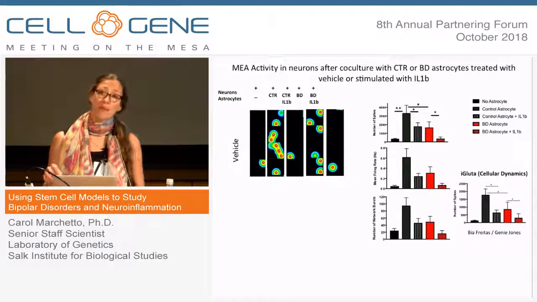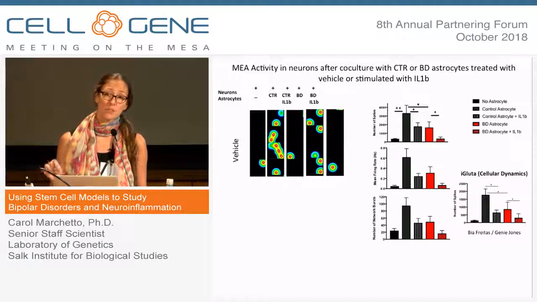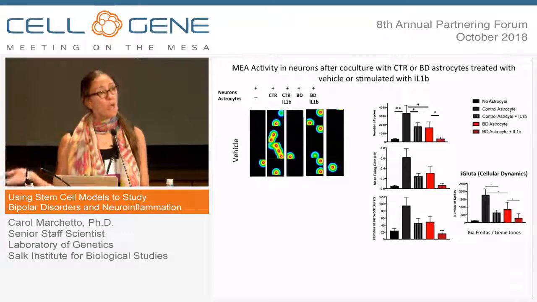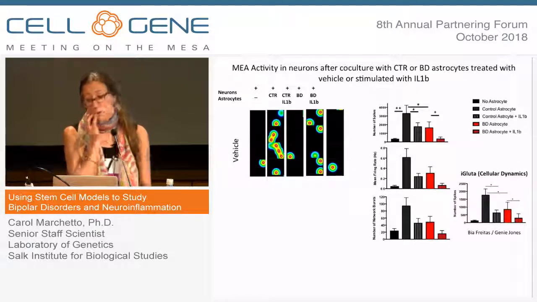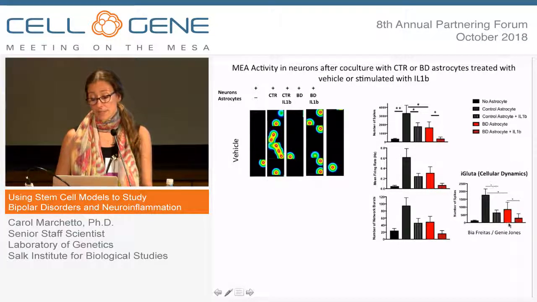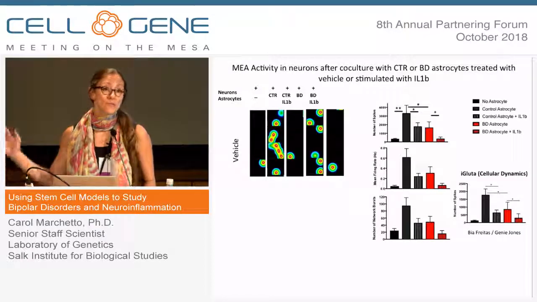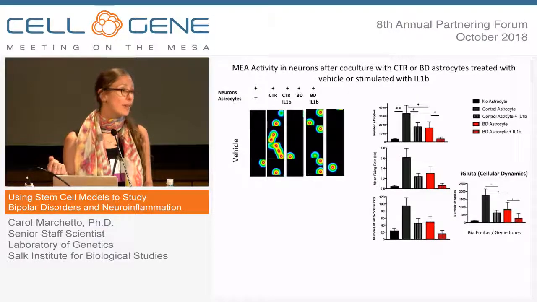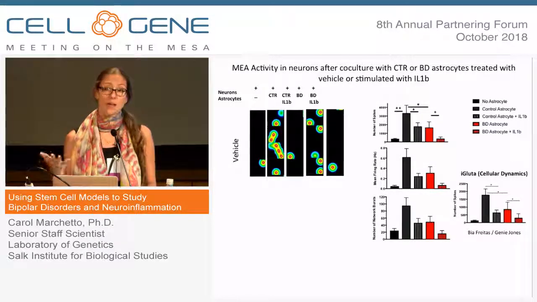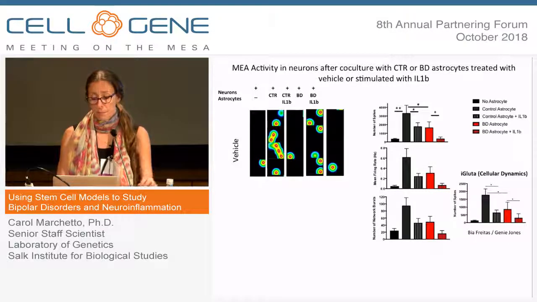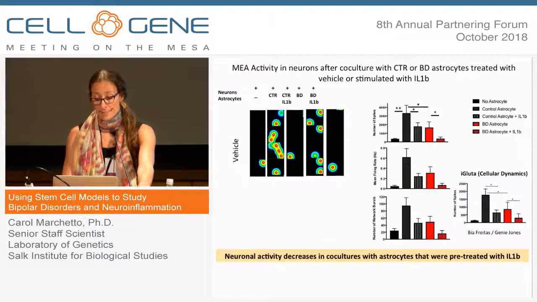So we got a vial of pure glutamatergic neurons, plated that on the MEA, and co-cultured them with astrocytes. And we observed a very similar effect to what we had before. So we are confident that what we are seeing in activity is not due to a residual population of astrocytes that we're bringing. We are actually seeing a real effect. So two different populations of neurons show the same effect.